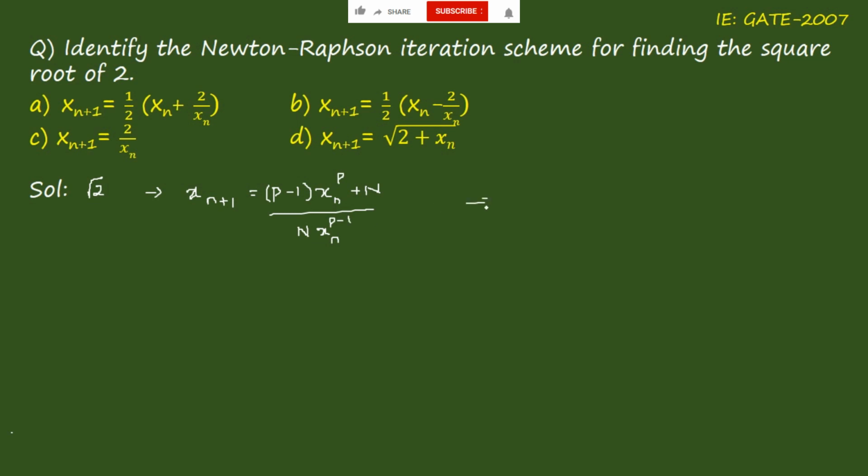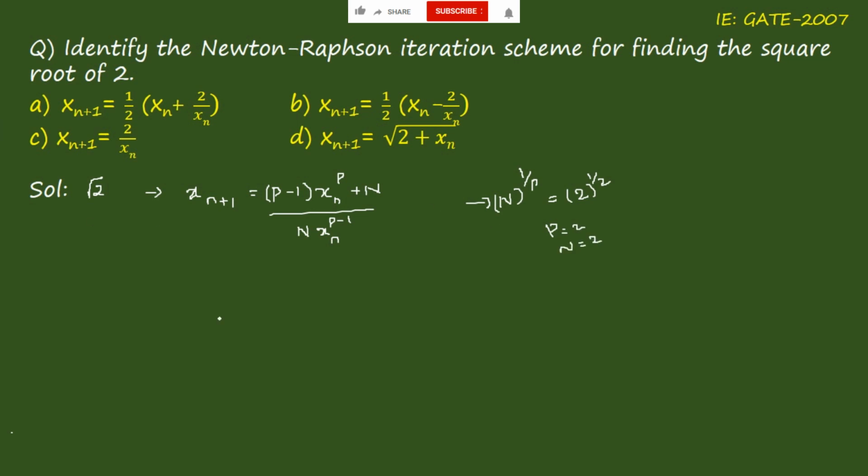Where we are finding the N power 1 by p root. Here it is given that you have to find 2 power 1 by 2, so p is equal to 2, N is equal to 2.